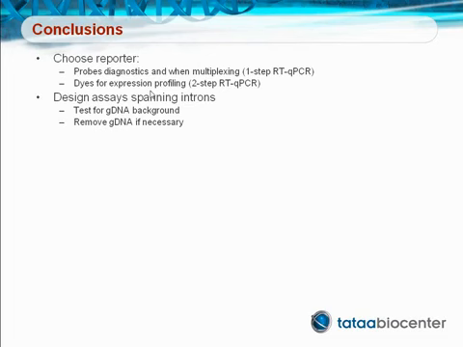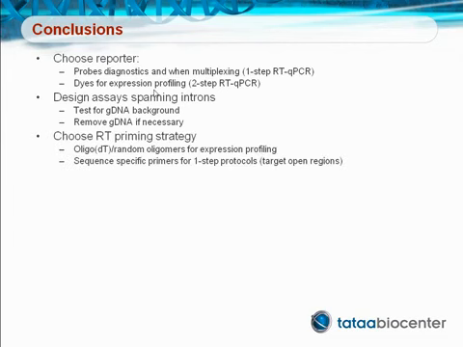If this is a problem, remove the genomic DNA using double-strand specific nuclease. For reverse transcription, use random sequence primers and/or oligo-dT primers for expression profiling and gene-specific primers for one-step RT-qPCR protocols.